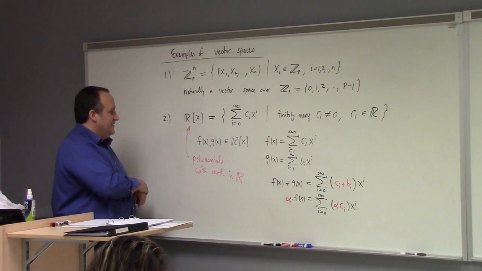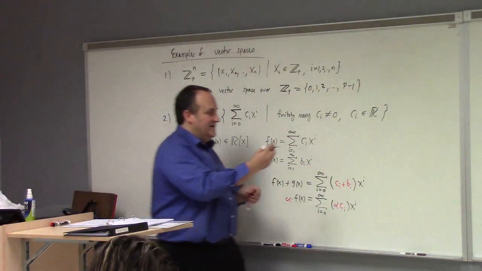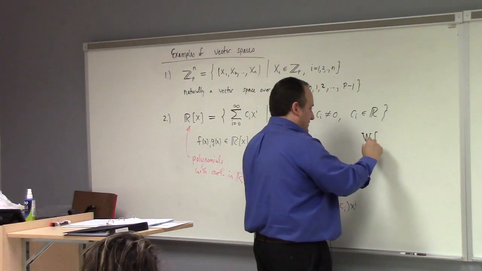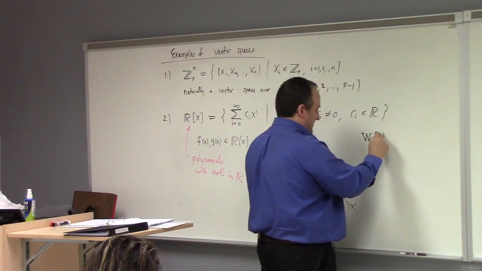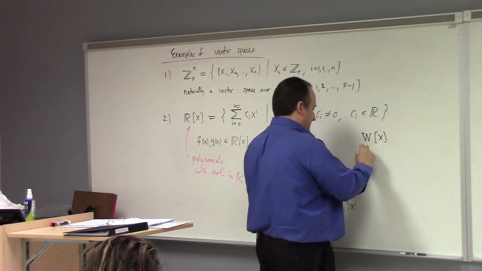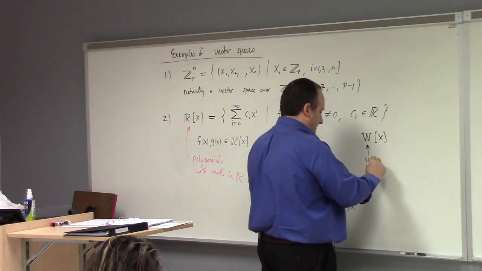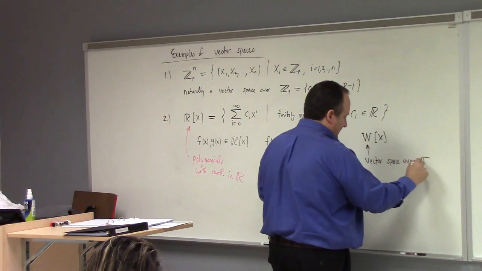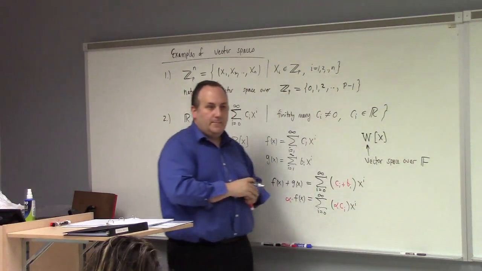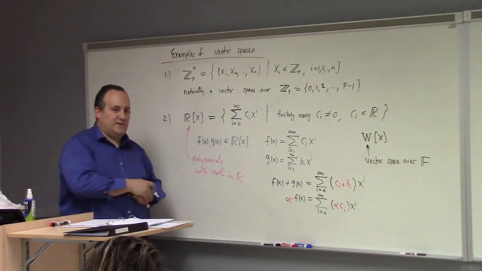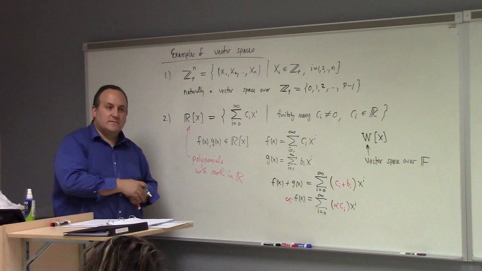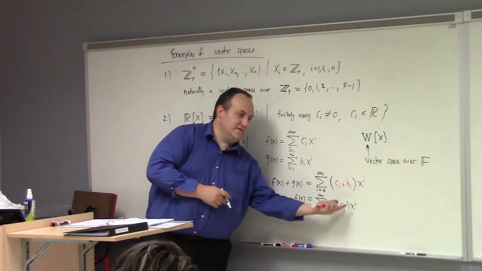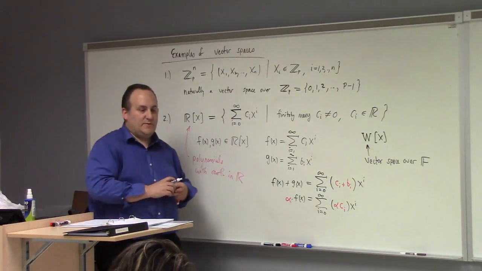But, oh gee, if you want to swap out R for W[x], where W is a vector space over F, you could work with polynomials where the coefficients were vectors. This would still make sense because you could still add the coefficients and scalar multiply the coefficients.